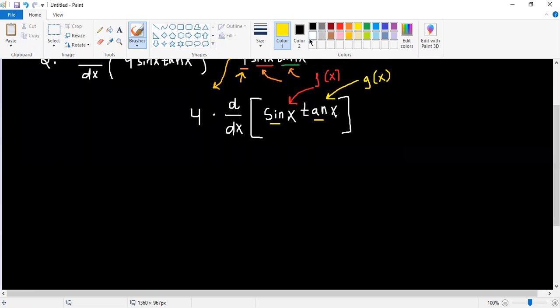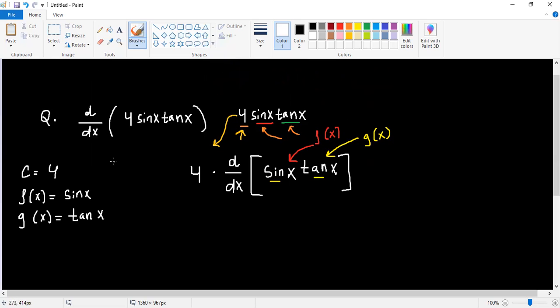If we were to break this apart, we have a constant, which is equal to 4. We have f of x, which is equal to sine of x. And we have g of x, which is equal to tangent of x.